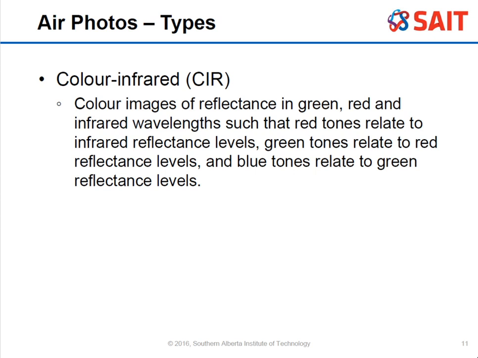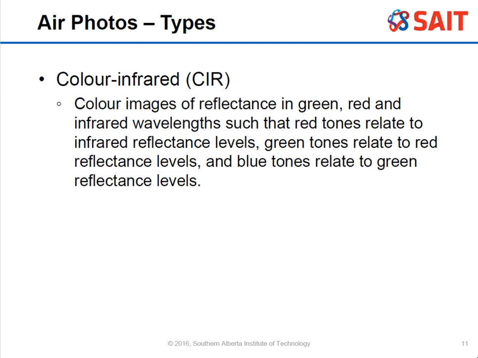Then we have color infrared, and this one adds the infrared side of it, and you can only show three colors at a time. That is a conversation for a remote sensing class. So we can only do three. That means we have green, red, and infrared wavelengths rather than blue, green, and red.